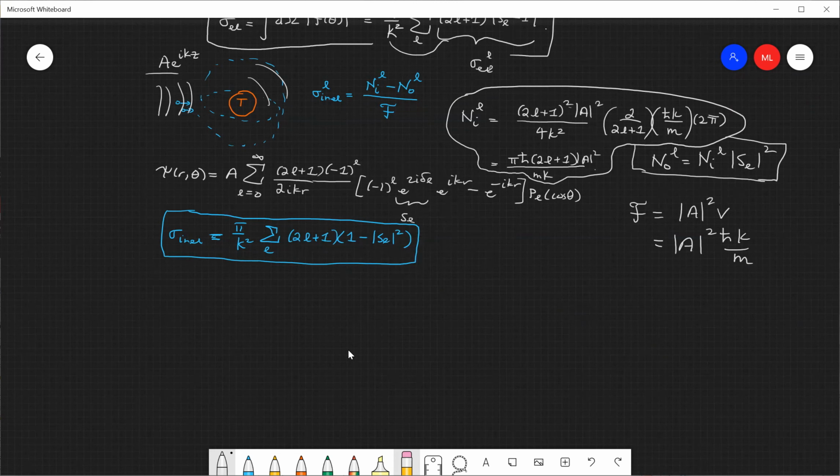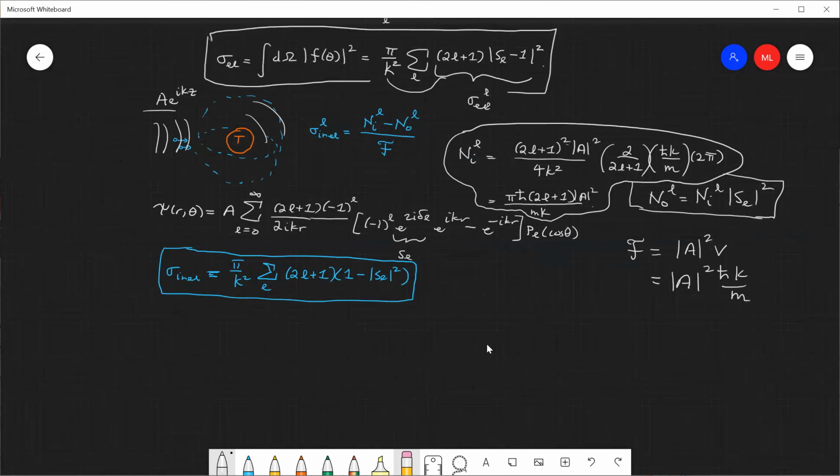But we're talking generally for now. We don't know what the solution is to the wave function, but whatever it is, we know that these expressions have to be correct for the scattering cross sections. So let's look at the total cross section, which is a combination of the two, however the scattering occurs.